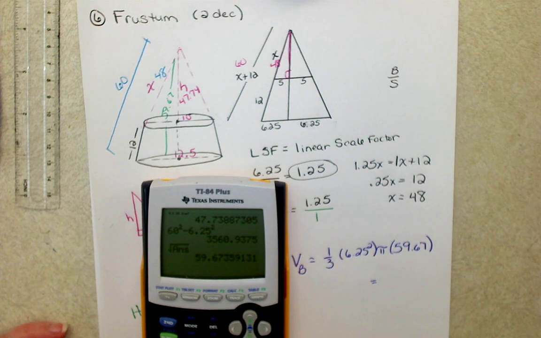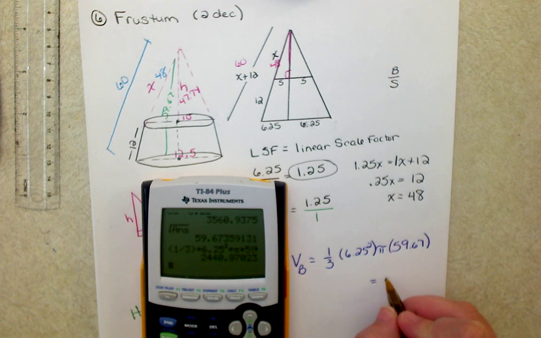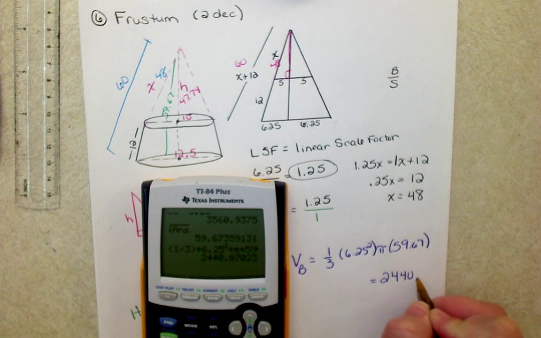So 1/3 times 6.25 squared times pi times 59.67 gives us 2440.87.